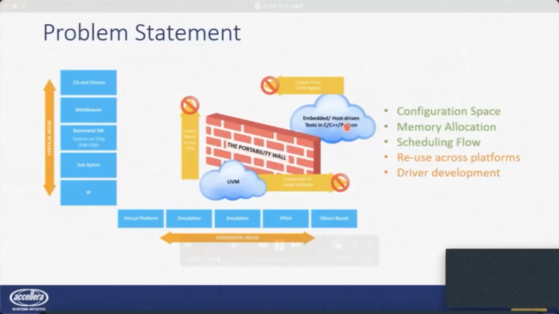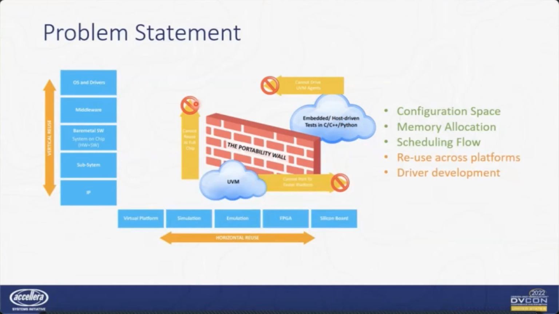And similarly, you cannot use your OS content to drive a UVM agent. So this pretty much creates a portability wall where you cannot have content developed for one platform running on another and vice versa.